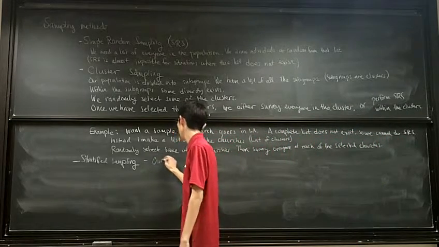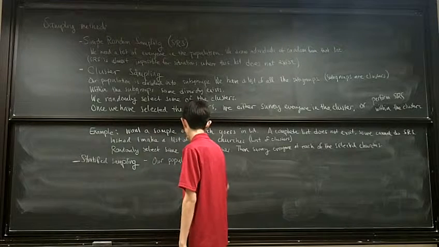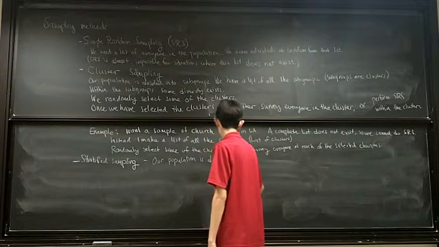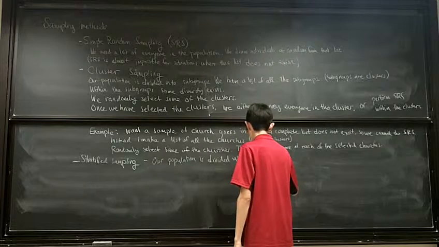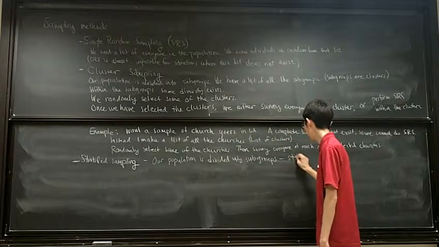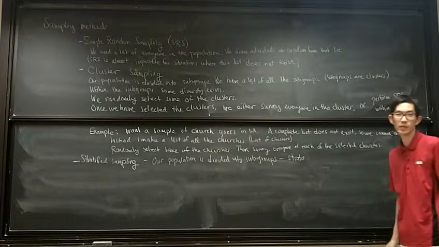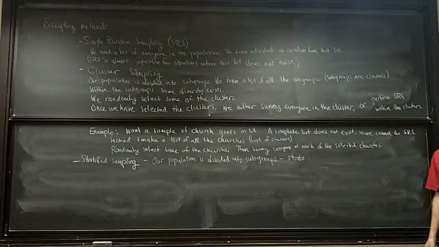So we divide our population into subgroups, and here our subgroups are called strata. And the members of each strata all share some common trait. Okay?